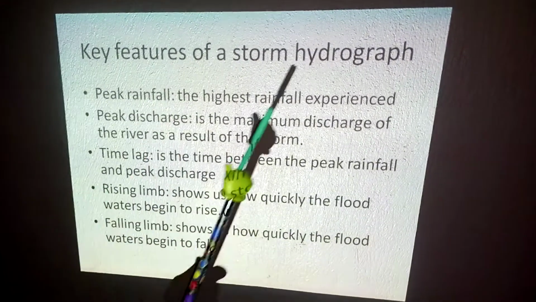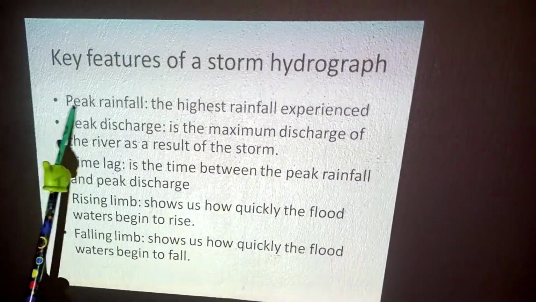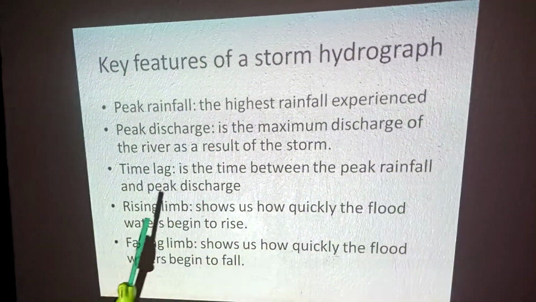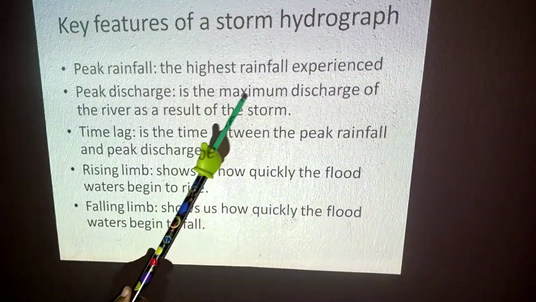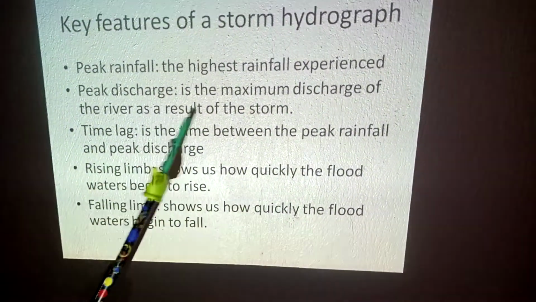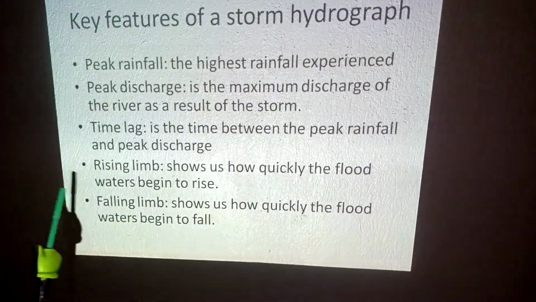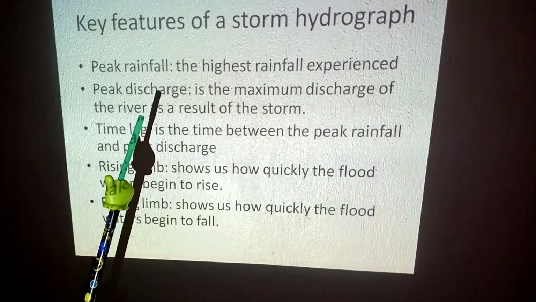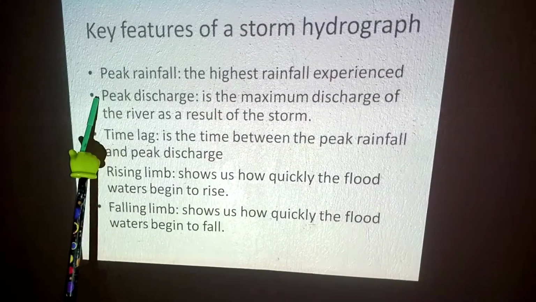So on a storm hydrograph, there are some key features like peak rainfall, which is the highest rainfall experienced; peak discharge, which is the maximum discharge that a river has experienced resulting from the precipitation that has happened; and time lag, the time difference between the time of peak rainfall and the time of peak discharge.